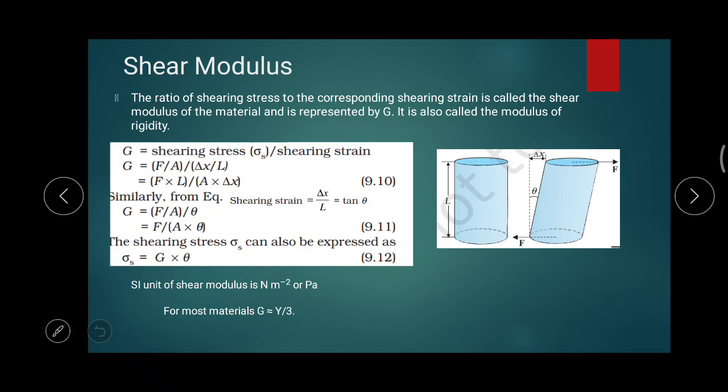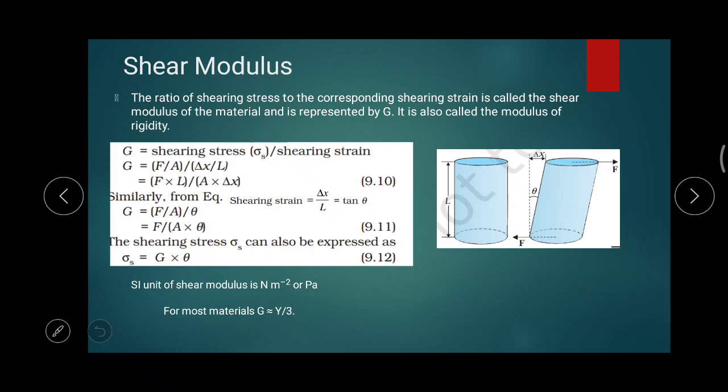It is represented by the letter G, and another name for shear modulus is the modulus of rigidity. So the shear modulus G is equal to the shearing stress divided by the shearing strain.